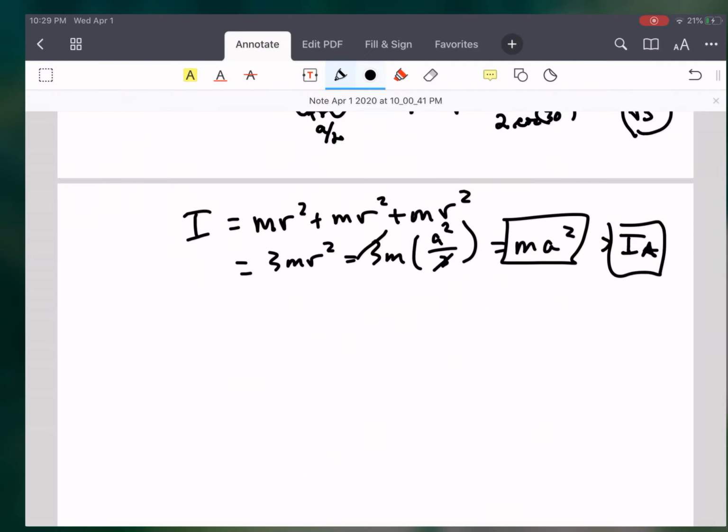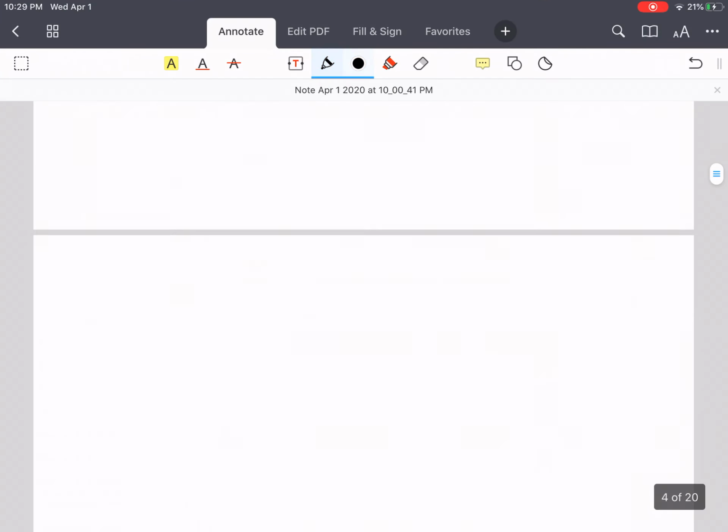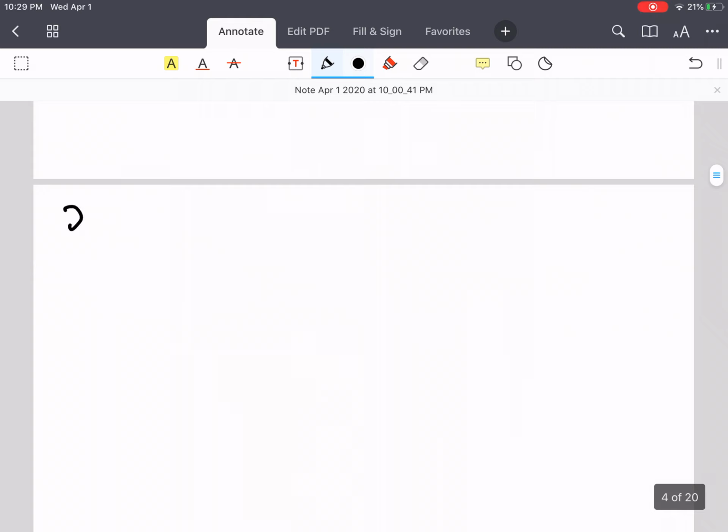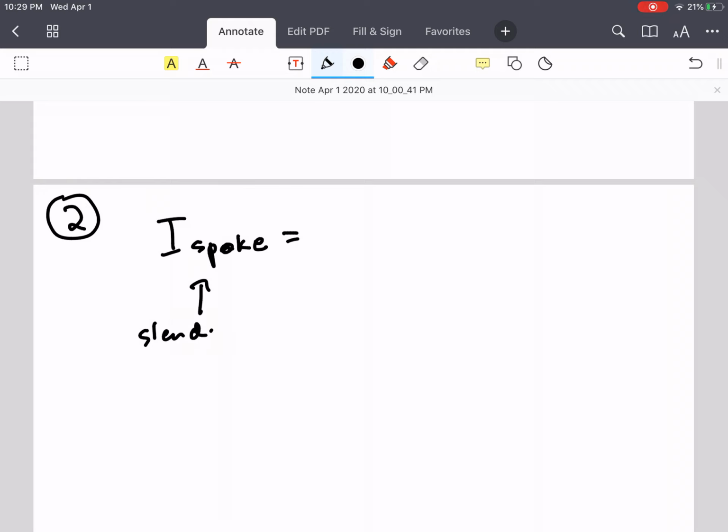All right, so we're going to do the spoke and the rim separately, then we'll add them up at the end. We'll start with the spoke. We saw that the moment of inertia of each spoke, like a slender rod about its end, turned out to be 1/3 the mass of the object, which in this case is the mass of the spoke, times the length of the spoke squared.